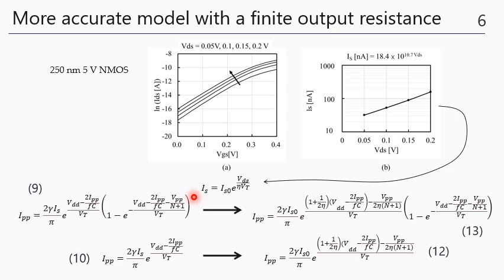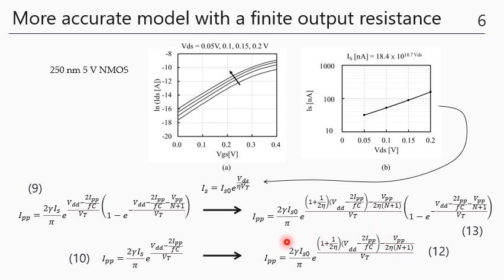Using this relationship: in the previous equations, we assumed that the saturation current has no dependency on VDS, but now we input this relationship into the previous equations 9 and 10, and these equations are updated with these two equations.